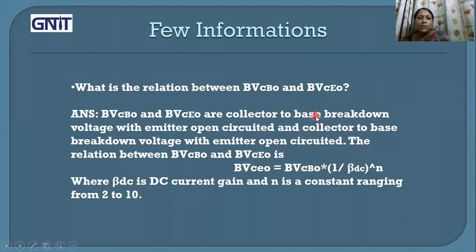This is the collector to emitter breakdown voltage when base is open circuit, and this is the collector to base breakdown voltage when emitter is open circuit. The relation between these two is BVCEO equals BVCBO times (1 by beta DC) to the power 1/n.